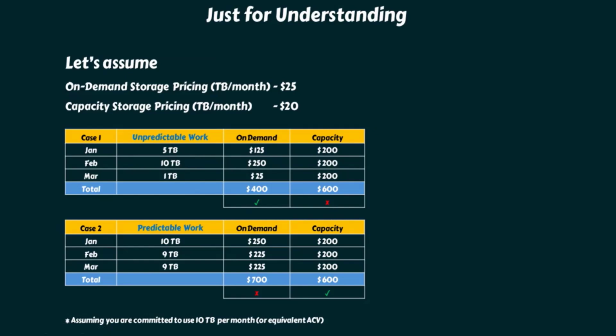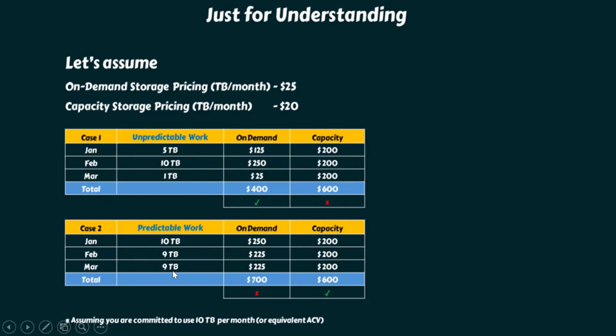If the work is predictable, and I know that every month I will not go beyond 10 terabytes, then always go with the committed capacity. Here it is 10 terabytes in January, 9 terabytes in February, and again 9 terabytes in March.